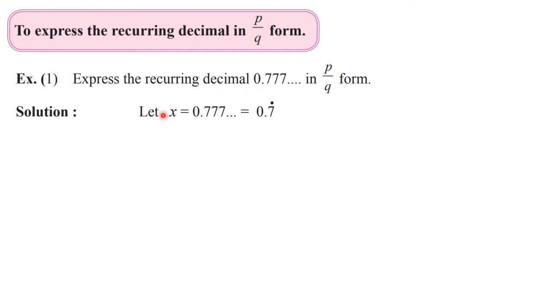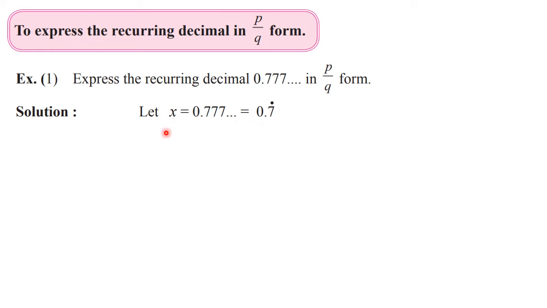So always write down, let x is equal to 0.777, that means 7 recurring, which we can express as 0.7 with a dot on 7, which shows that 7 is recurring.